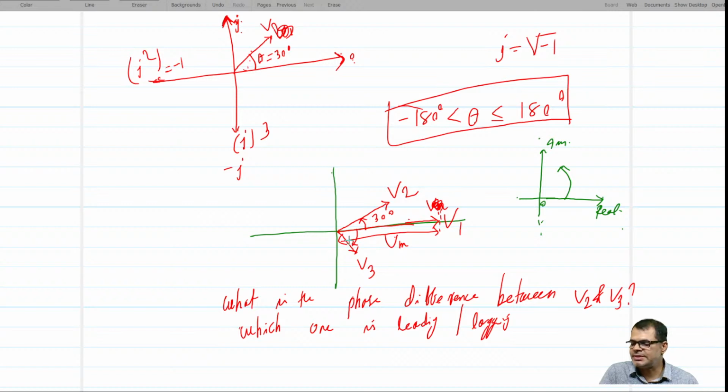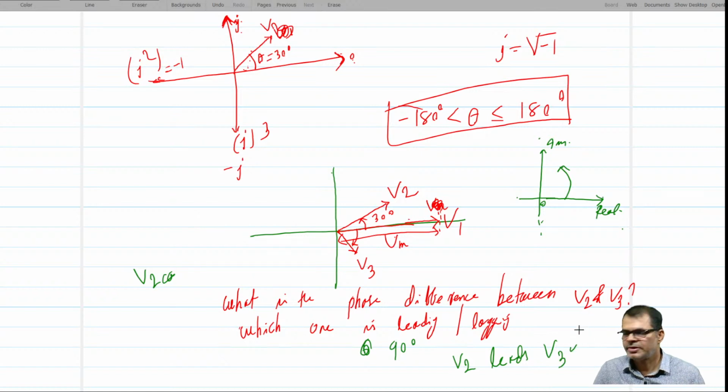So you can easily see the phase difference between V2 and V3 is 60 plus 30, that is 90 degree, with V2 leading V3. Is it clear?